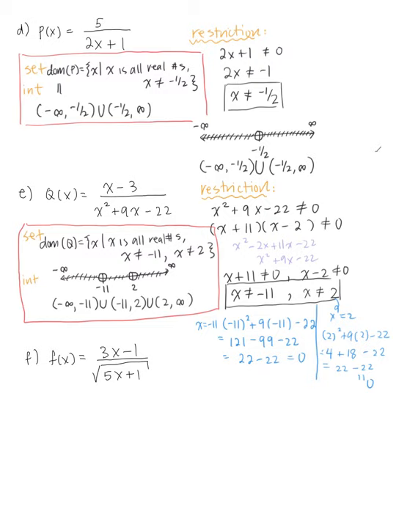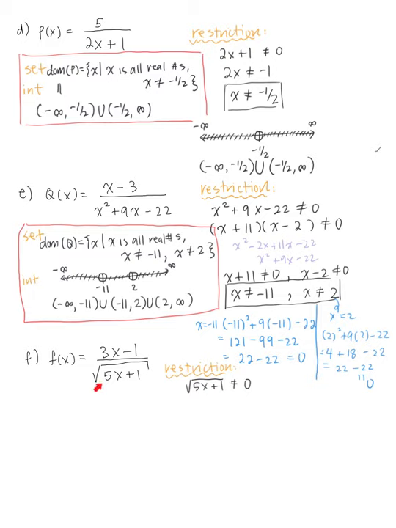So our restriction is still going to be that the bottom cannot go to 0. Let me write that out. The restriction is that the square root of 5x plus 1 cannot be 0. And then you have to be careful here. You got two different restrictions going on in this problem. First, you have to look at the whole entire denominator and make sure that does not go to 0.